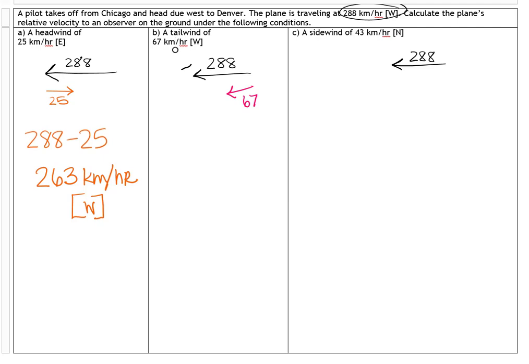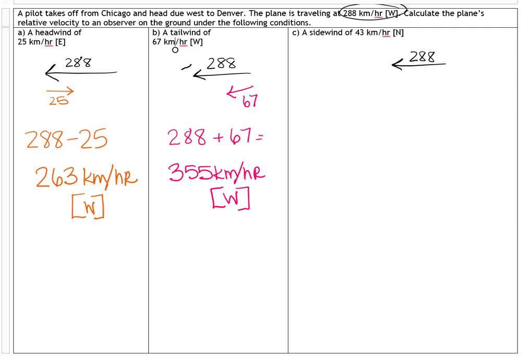So for this one, instead of subtracting, we're just going to add these two speeds up. 288 plus 67, because that wind is helping us in this case. And we end up with 355 kilometers per hour. And again, we're still traveling west. This time we're just traveling a little faster.